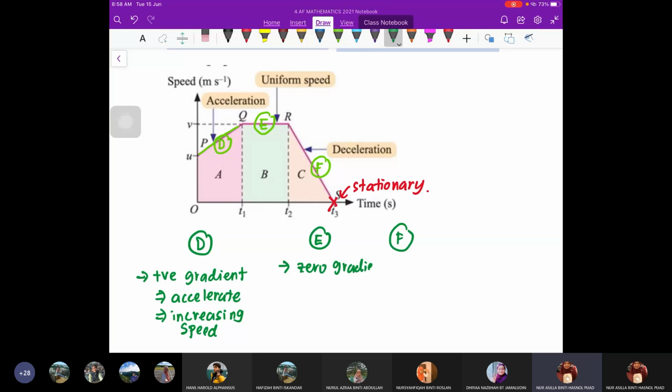Cuma dekat sini tidak bermaksud dia stationary. Dia maintain speed. Still moving. Okay, dia still moving but it maintains speed. Alright. So kat sini pun kita panggil dia sebagai uniform speed.